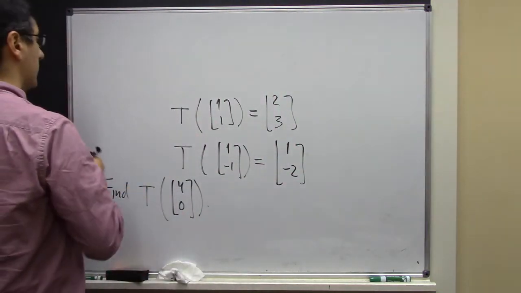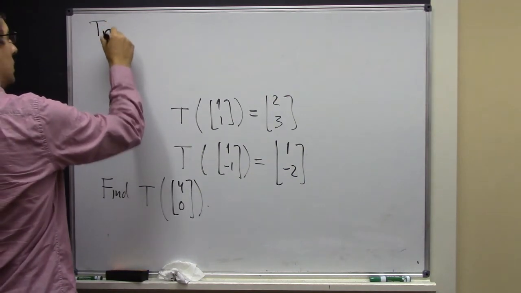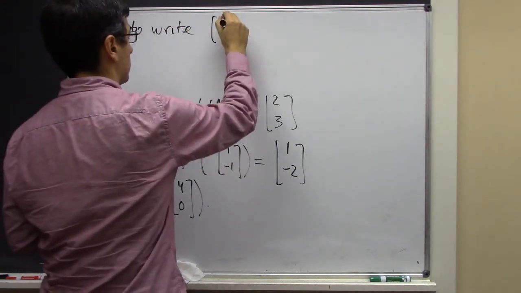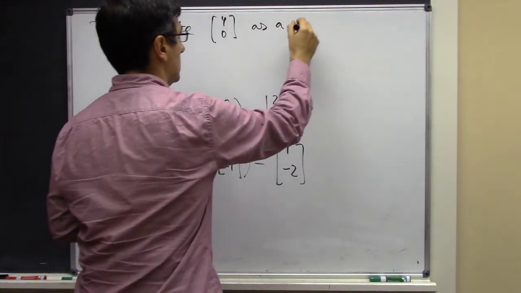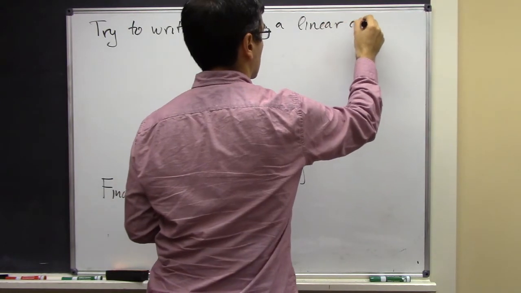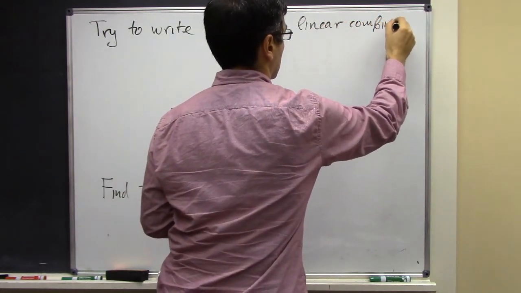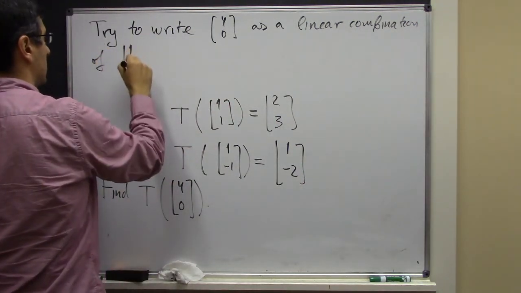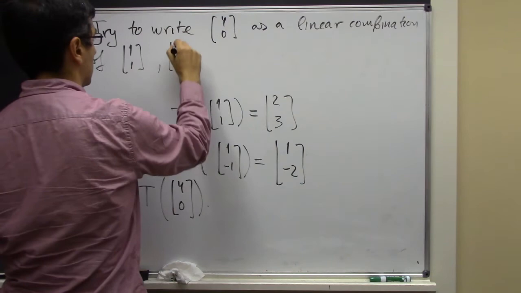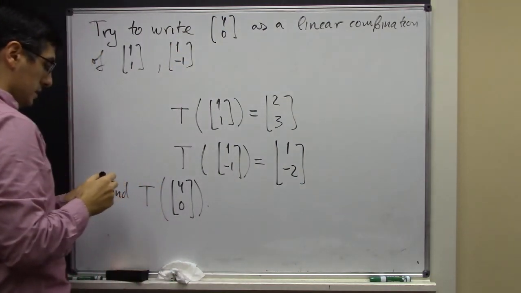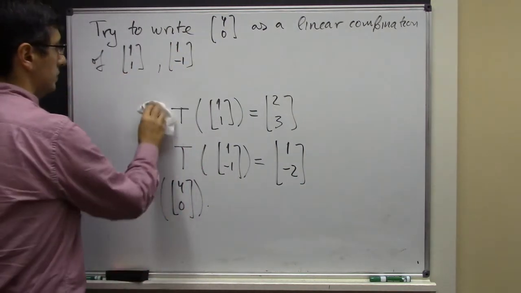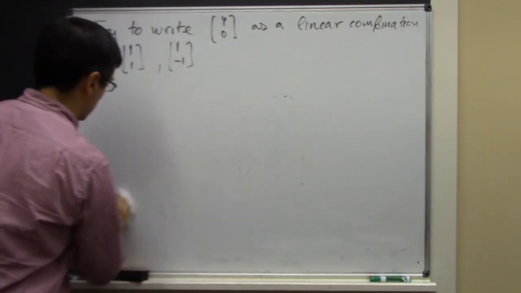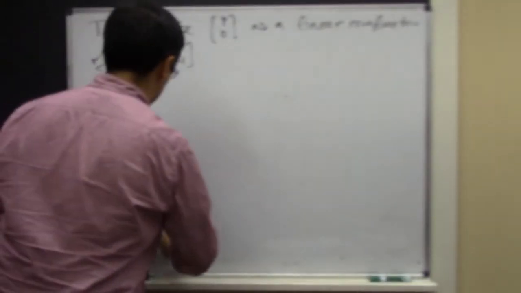Try to write (4, 0) as a linear combination of the vectors that you know. Well, let's try to do that first. So that's kind of step 1.